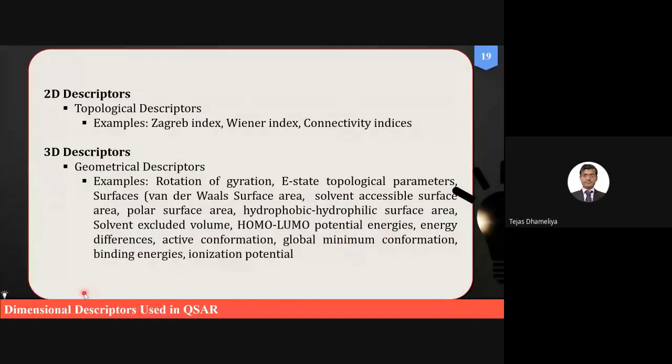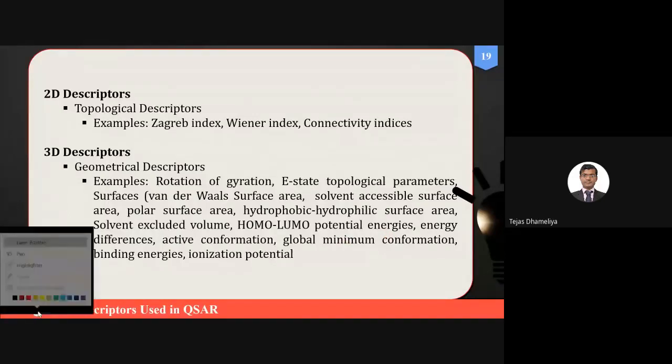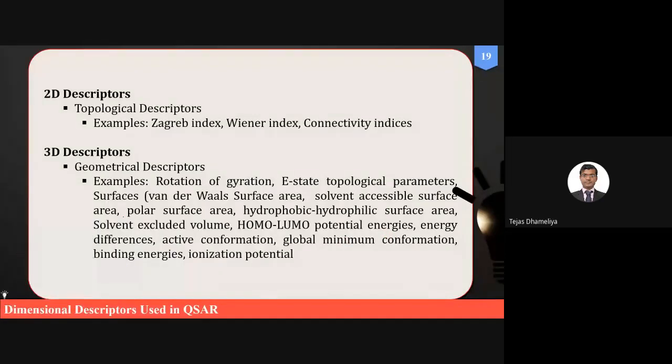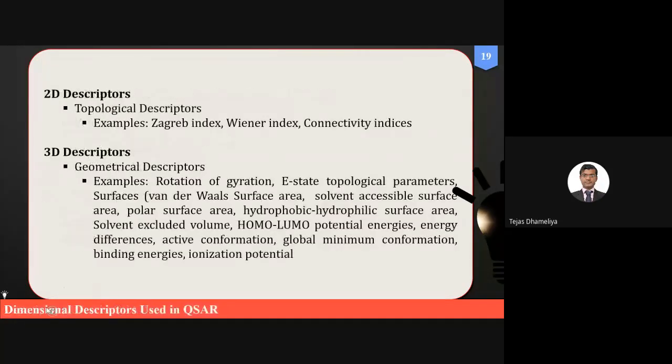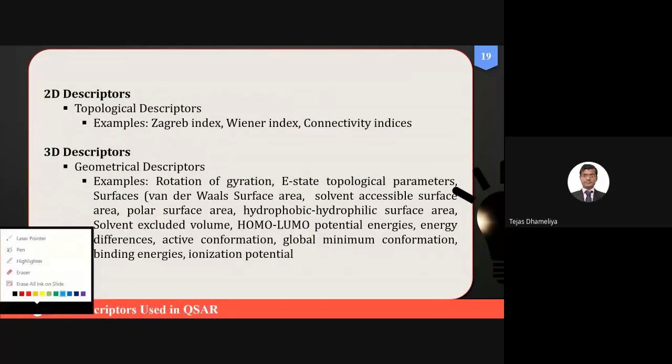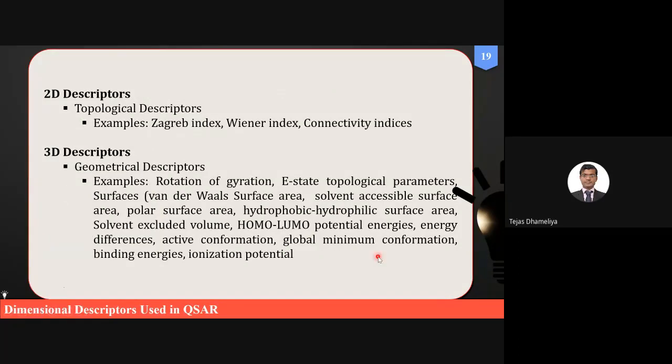Now here I will highlight this terminology, what is called conformation. Although you have not studied other parameters such as surface area, I think you have studied surface properties. What is called conformation?